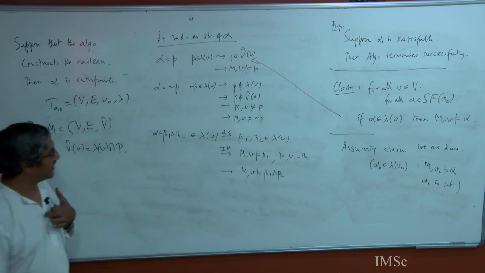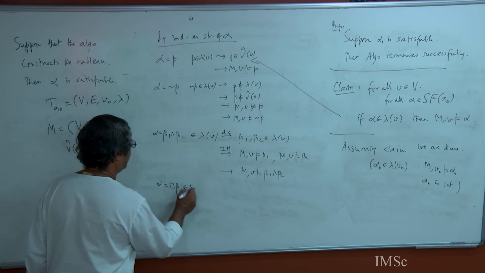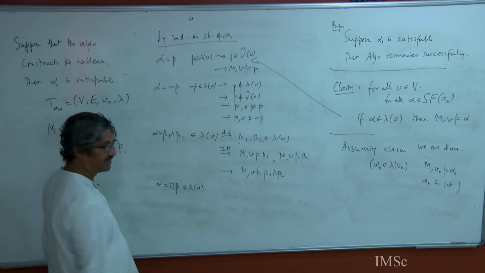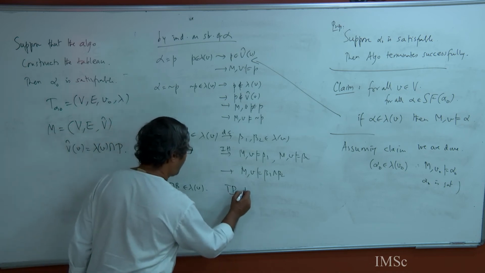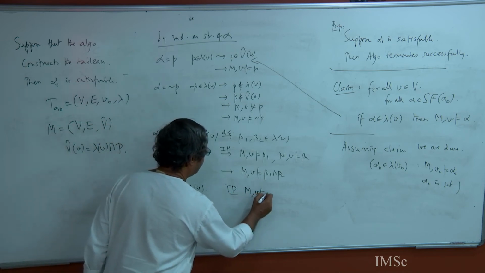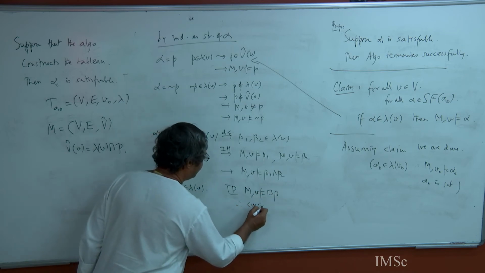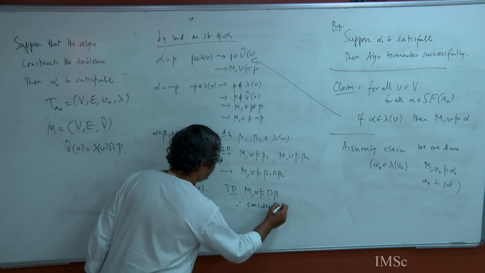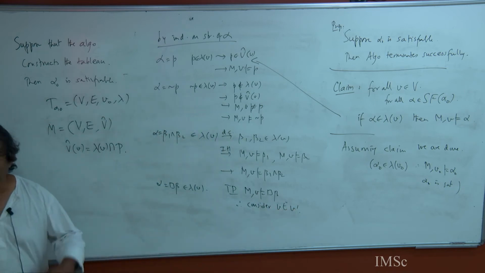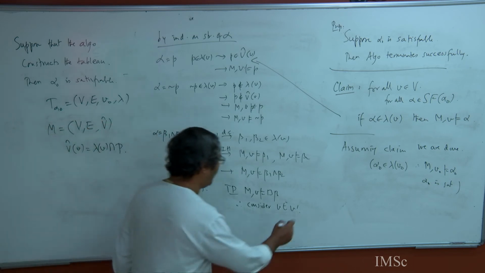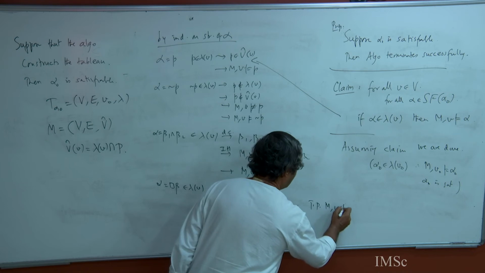Okay, alpha is of the form box beta, and this belongs to lambda of V. To prove the model satisfies box beta, consider some successor, take any arbitrary successor. We need to prove the model satisfies beta there.